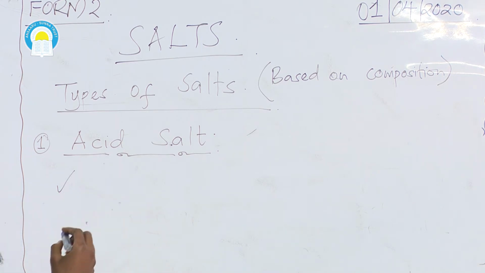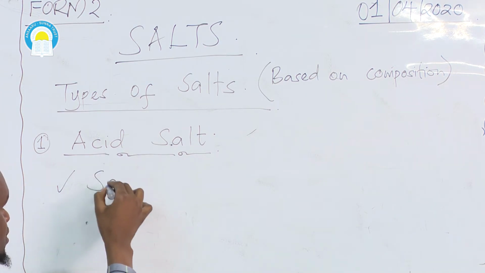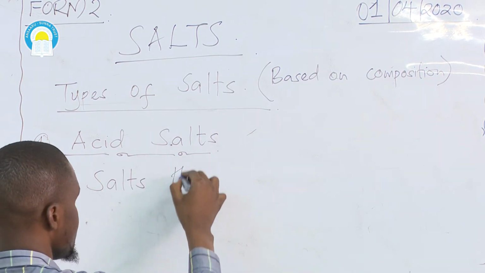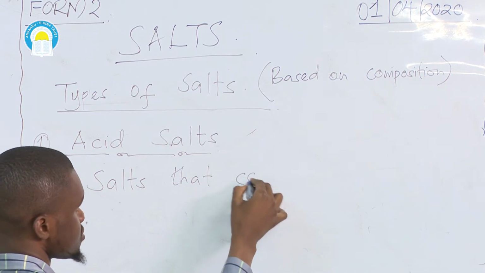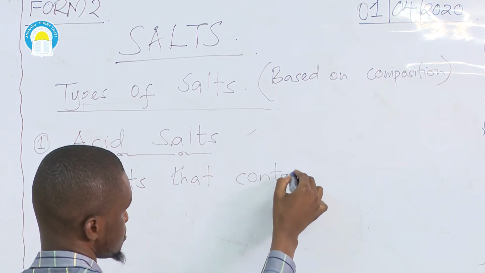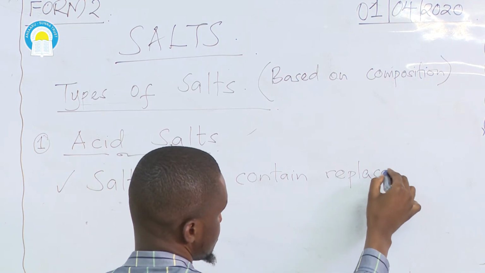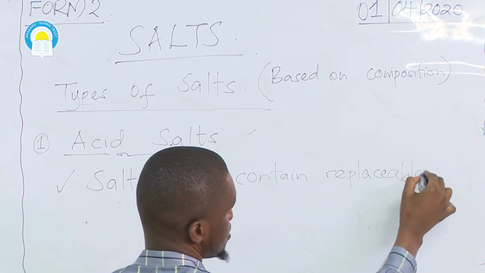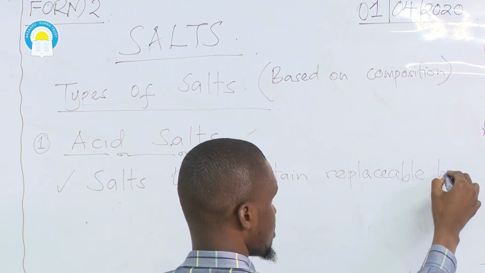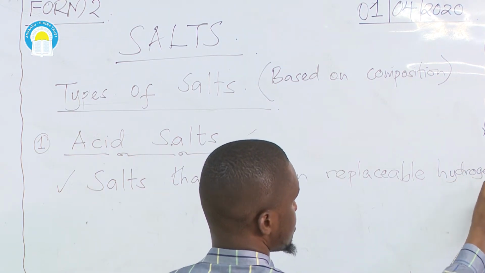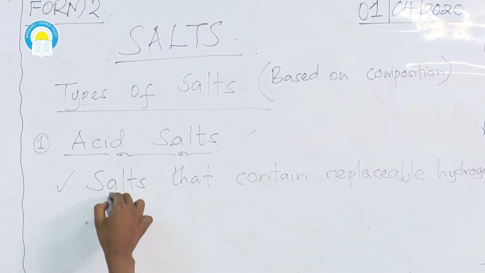We can define acid salts as salts that contain replaceable hydrogen atoms in them.